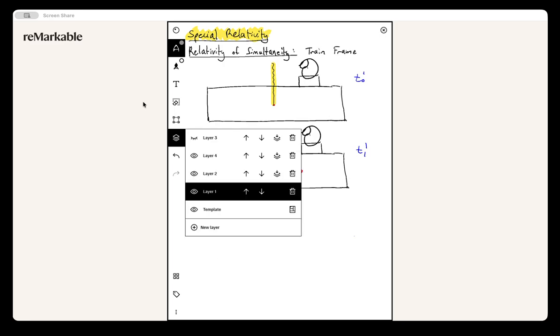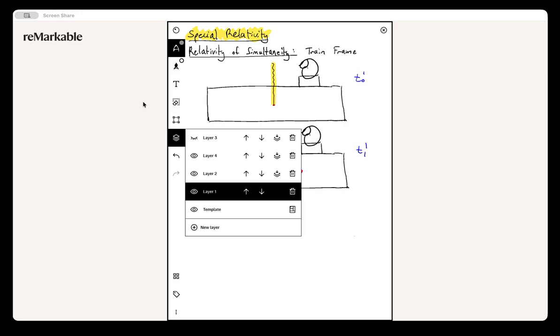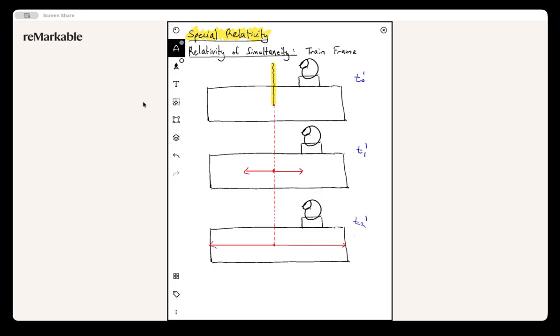And because we stipulated that the light will be traveling at the same speed c in both directions in the reference frame of the train, we should expect that it hit the center of the train, and so it's going to take exactly the same amount of time to hit the front and the back of the train. And so at a later time t2 prime, it'll hit the front and the back of it simultaneously. And so from the frame of reference of the train, these events occur simultaneously.